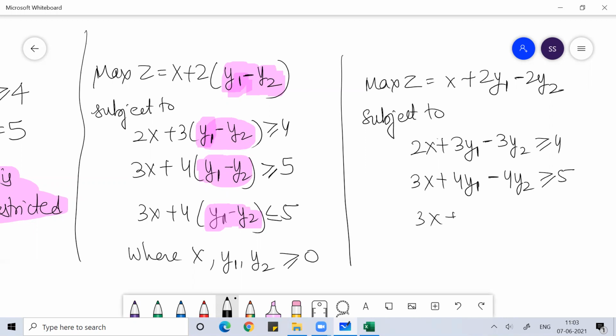Then 3x plus 4y1 minus 4y2 is less than or equal to 5, where your x, y1, y2 are greater than or equal to 0.